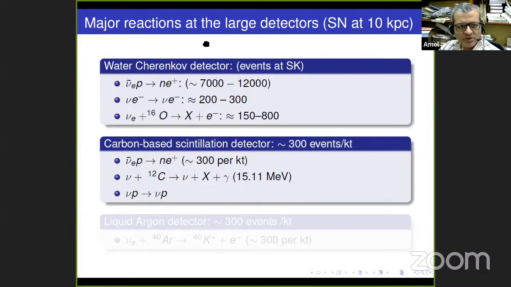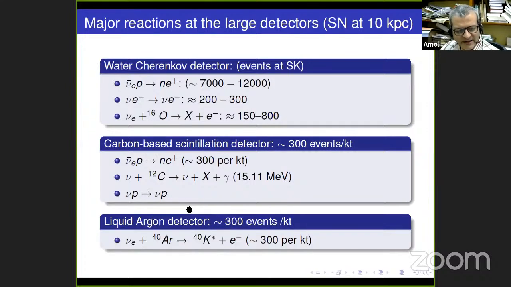Note that in both of these types, the main reaction that you can observe is the top one. It is also sometimes called inverse beta decay. It is like beta decay of a neutron, but just inverse, and this gives out a positron. This interaction happens only with electron antineutrino, and that's very important because this would mean that these detectors would not allow us to look at electron neutrinos.